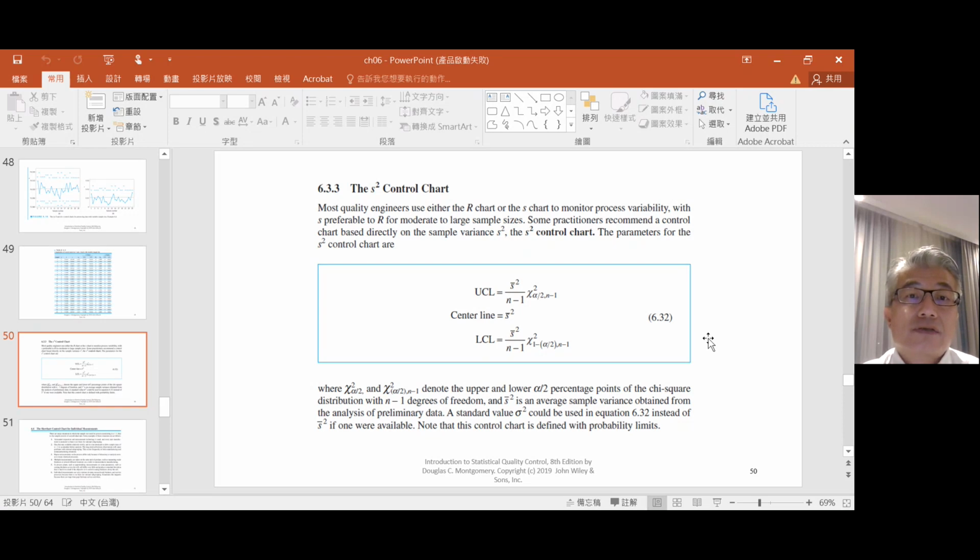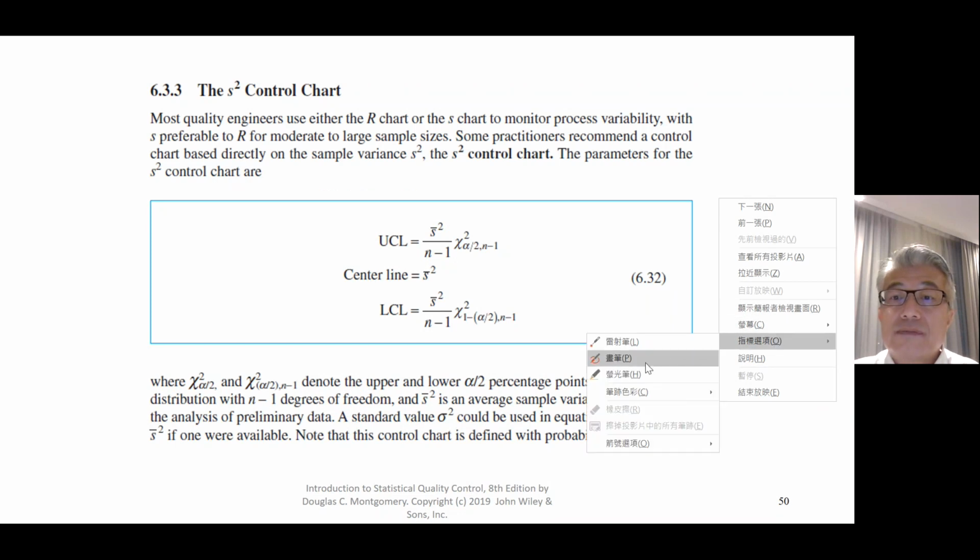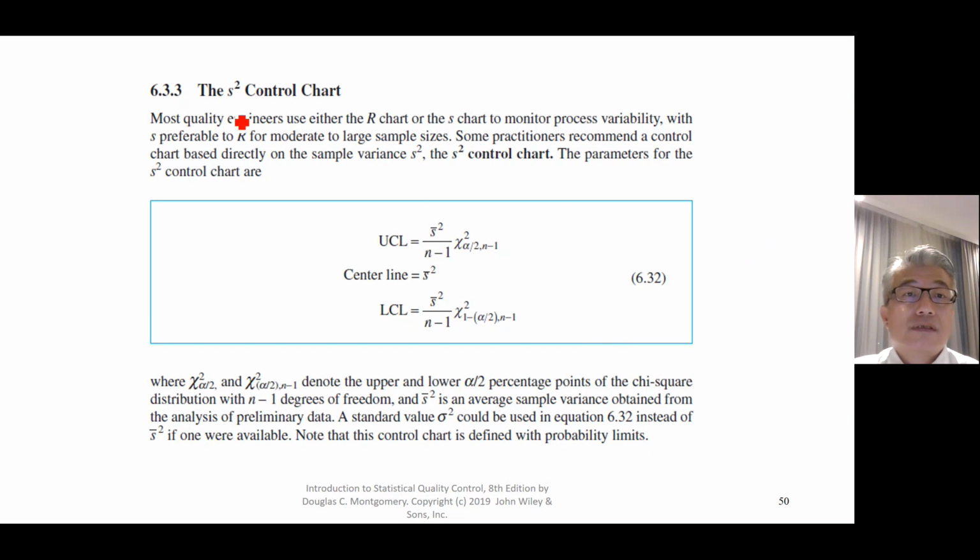So this is the S square control chart. As can be seen from this illustration, so this is an S square control chart. Previously we already introduced the S control chart.